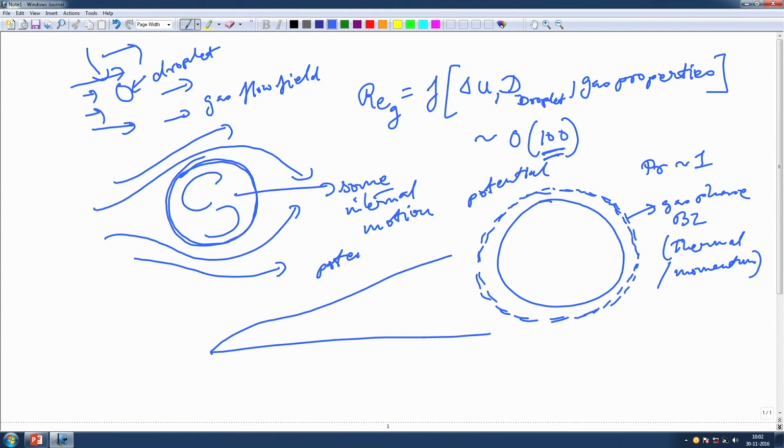Here it is potential, and all the effects are confined to this particular region, where the velocity varies like this. Here also something very similar happens. So, there is a gas phase boundary layer that exists.